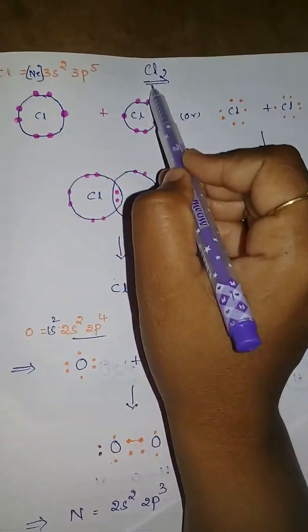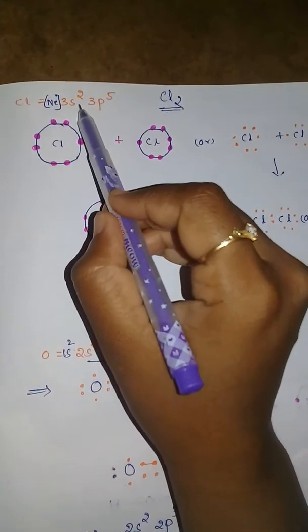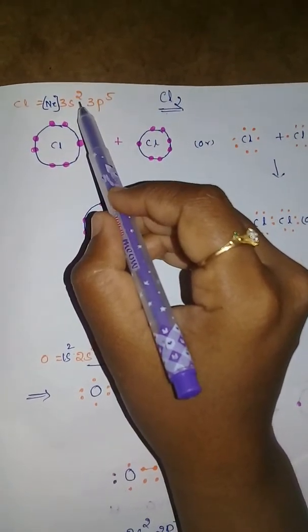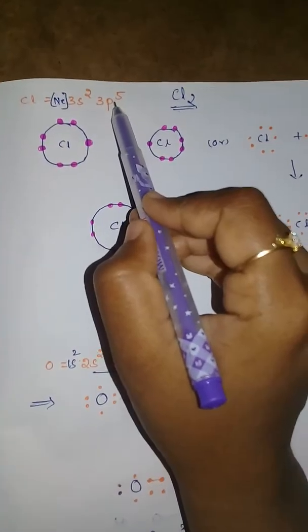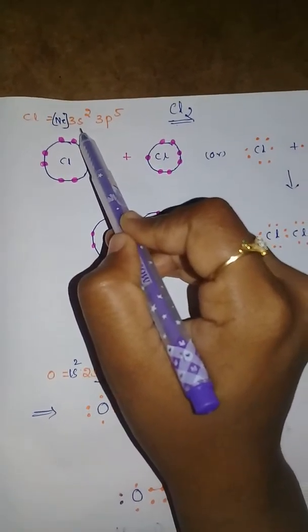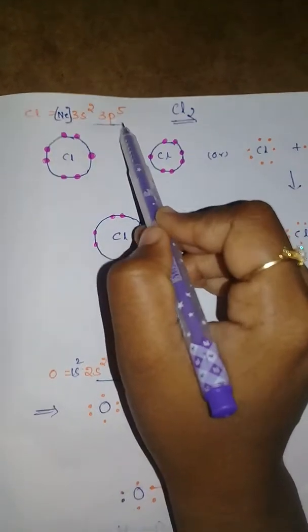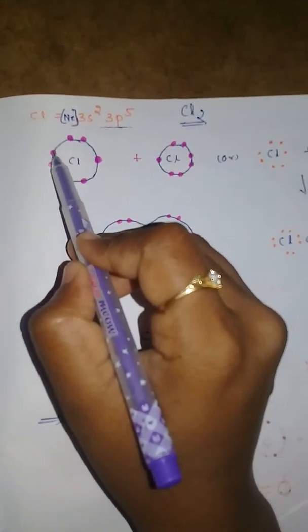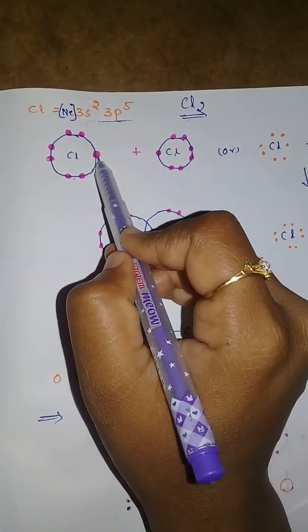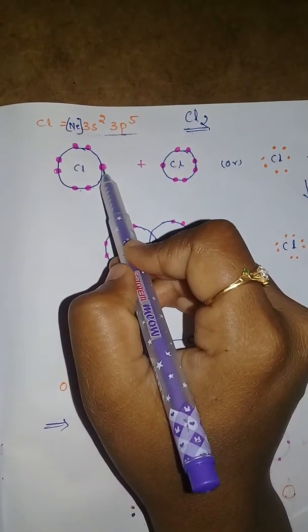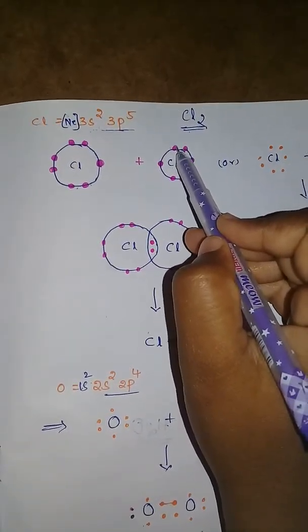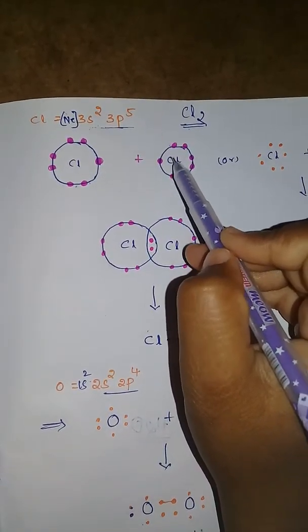In Cl2 molecule, each chlorine has 7 valence electrons. Electronic configuration 3s2 3p5. How many valence electrons? 7 valence electrons. So 1, 2, 3, 4, 5, 6, 7. The other chlorine also has 1, 2, 3, 4, 5, 6, 7.